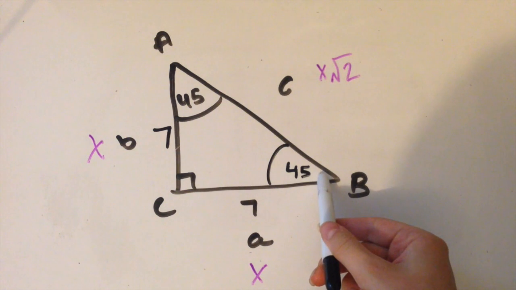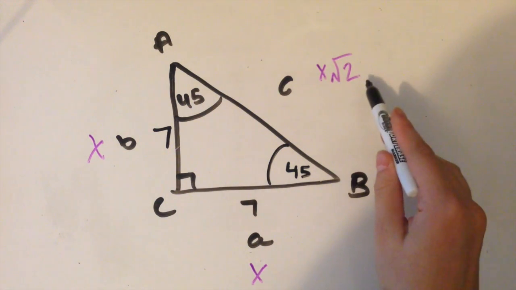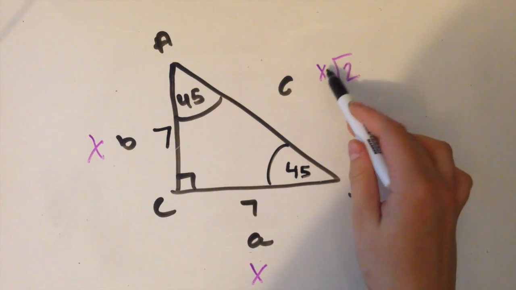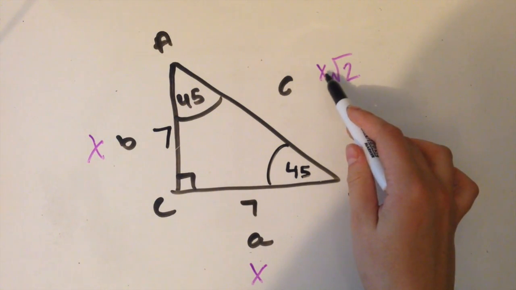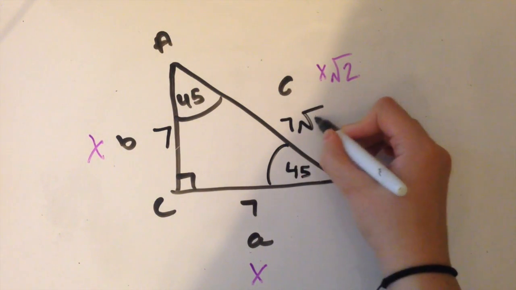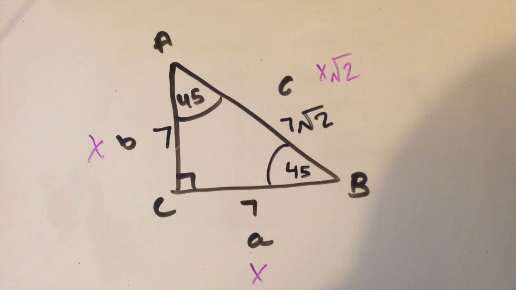And for the hypotenuse, we know that it has to be x root 2. And if we know that x is 7, all you do is replace the x over here with a 7. So the hypotenuse is 7 root 2. It's that simple.